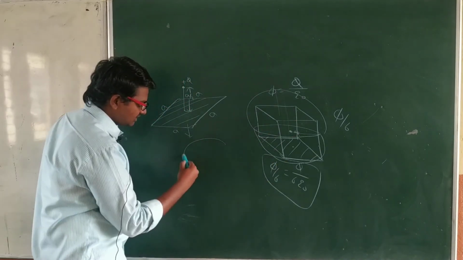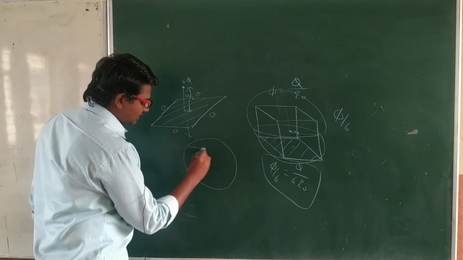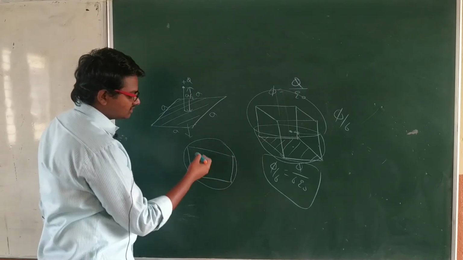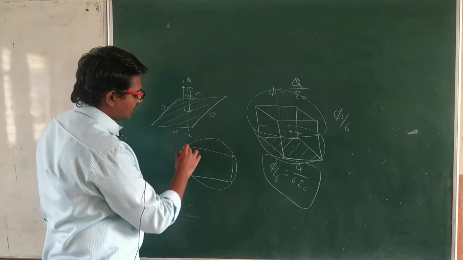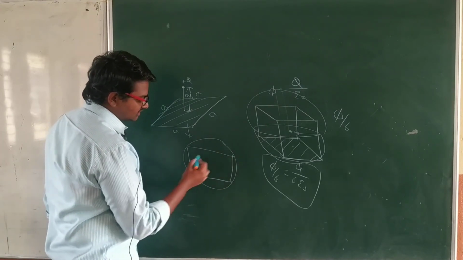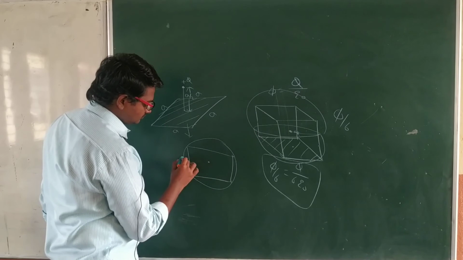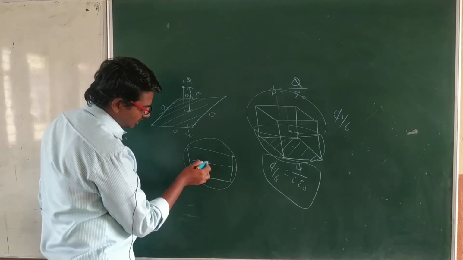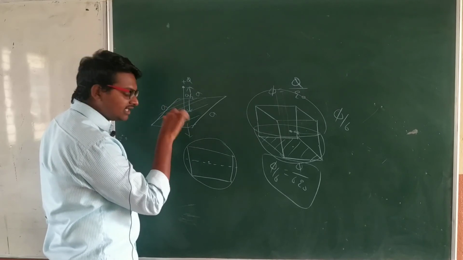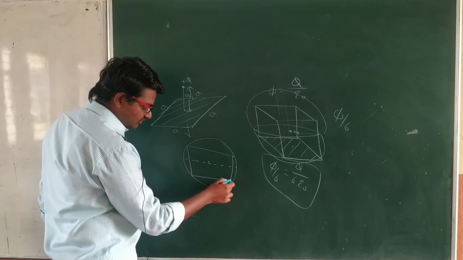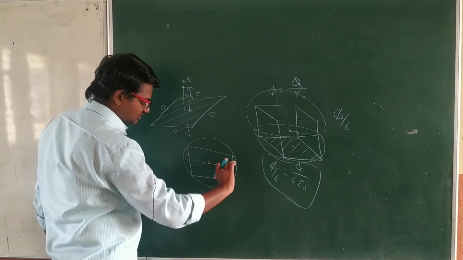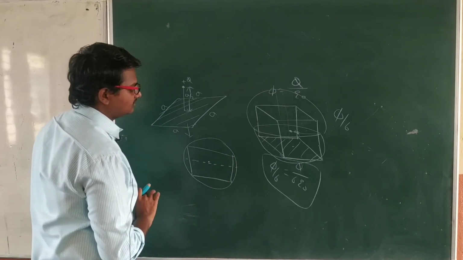A sphere is there like this, and in that one square box we have taken, square box or cube, or else in a circle if you consider a square like this, and if you cut in this manner, half of the flux will go down, half of the flux will go up, and in that half also this one is going to get some flux, this one is going to get some flux, and this one also is going to get some flux.